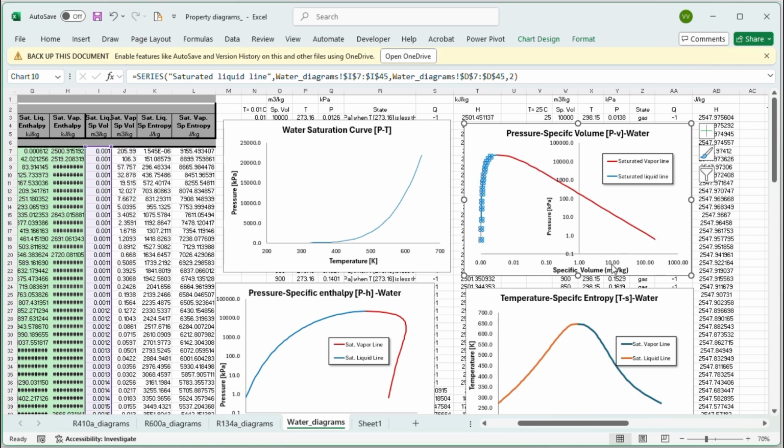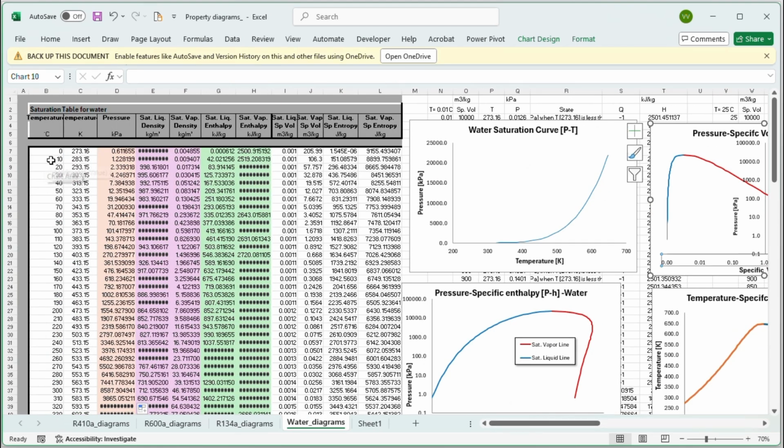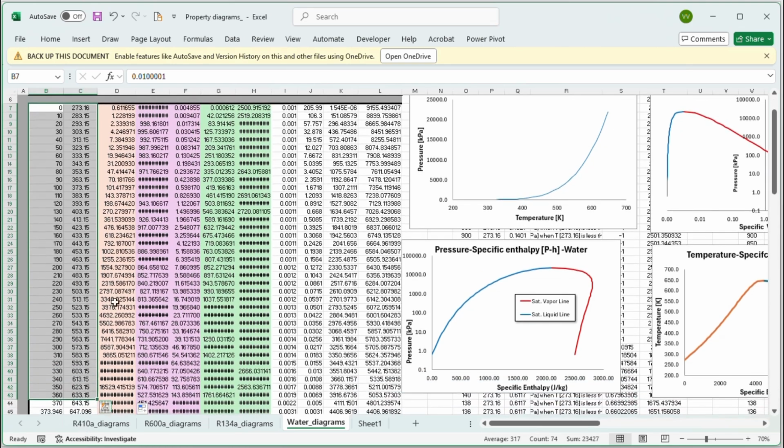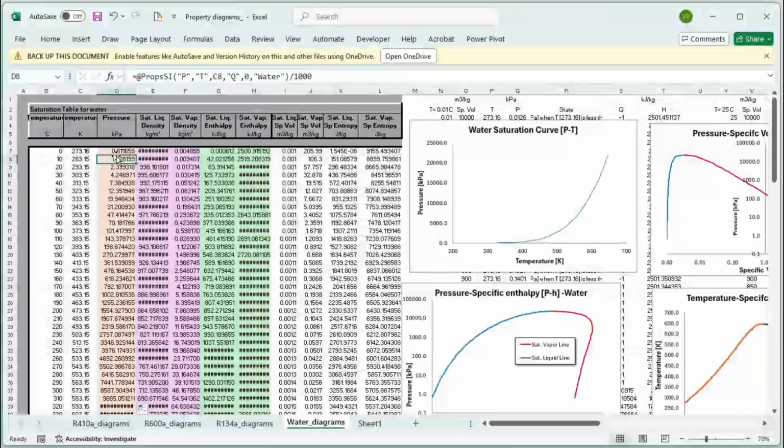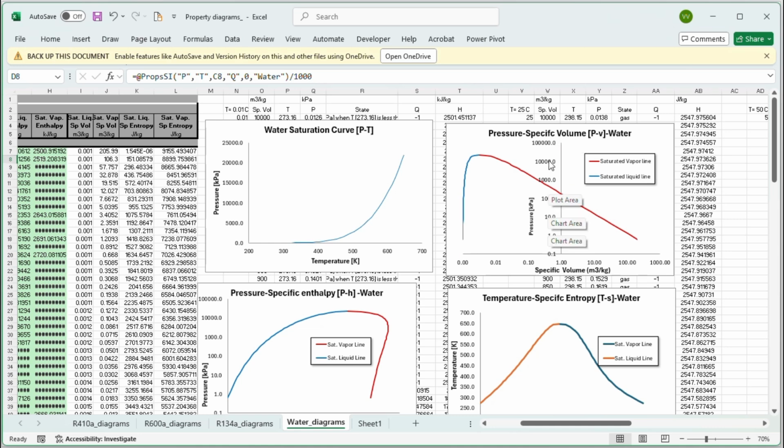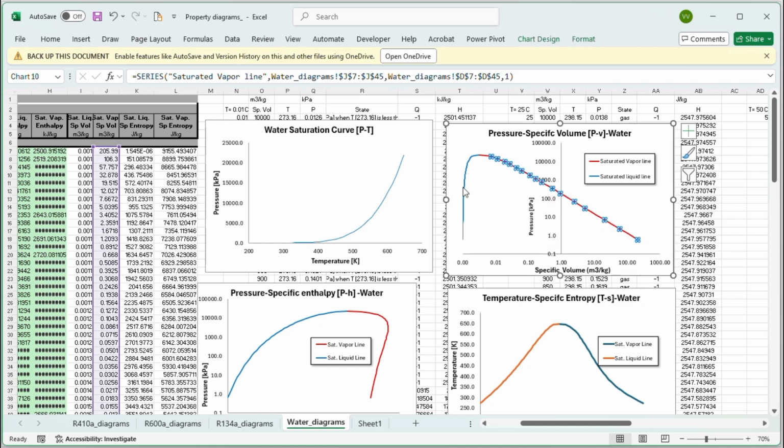The way to calculate this line is, you already have the range of temperatures and pressures in here. Now you already have the pressure that you need for your y-axis. Now you need two ranges of specific volumes, one for liquid and one for vapor.